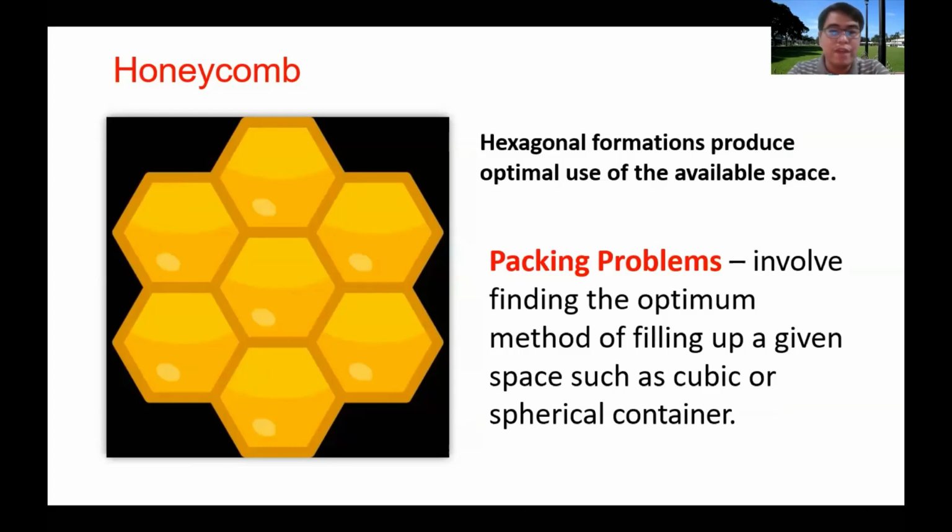It involves finding the optimum method of filling up a given space, such as a cubic or a spherical container. This is a very timely problem, especially in this world today where packaging is very important. And it showed that hexagonal formations are actually the optimum shape that could be used to provide optimum space.